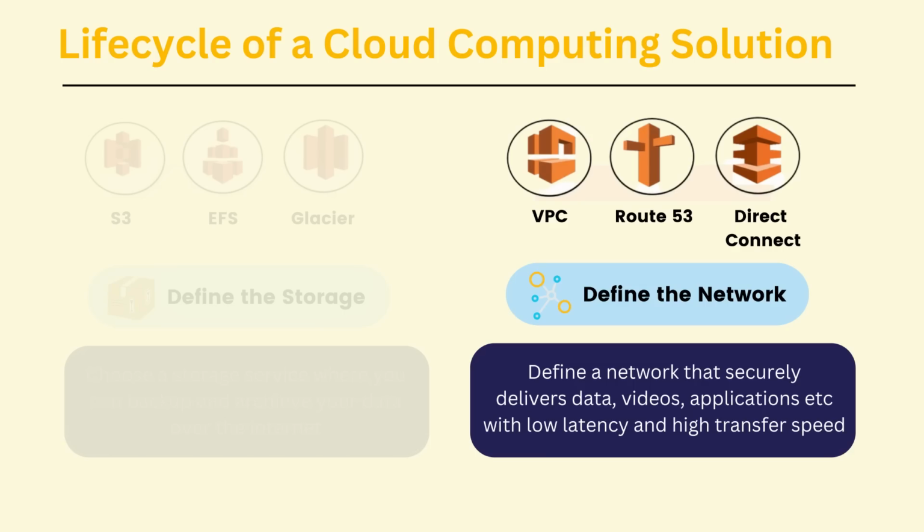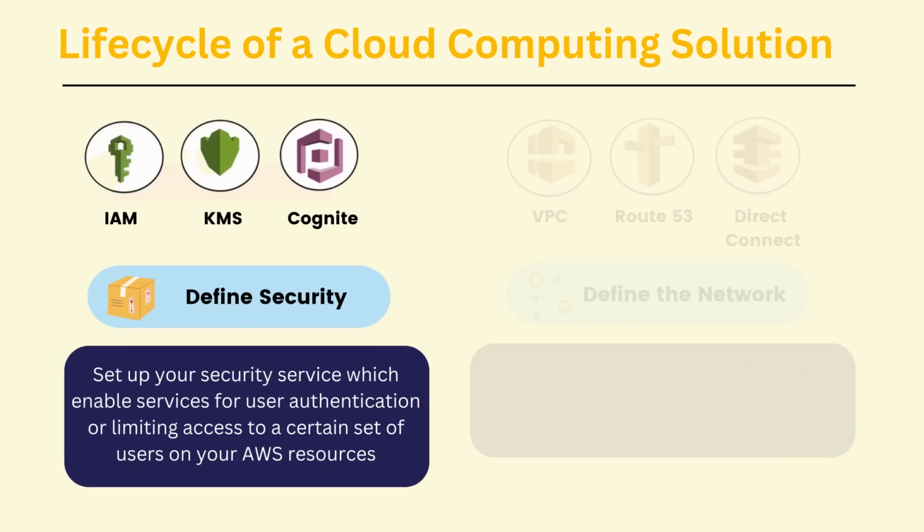Define the network that securely delivers data, video, and applications. Define and identify the network services properly. For example, VPC for the network, Route 53 for DNS, and Direct Connect for a private point-to-point line from your office to the AWS data center. Set up the right security services: IAM for authentication and authorization and KMS for data encryption at rest.